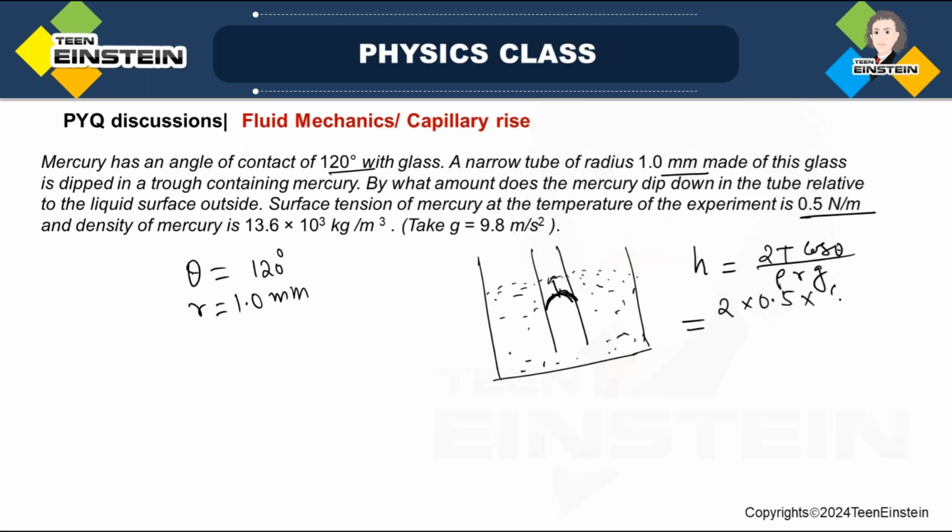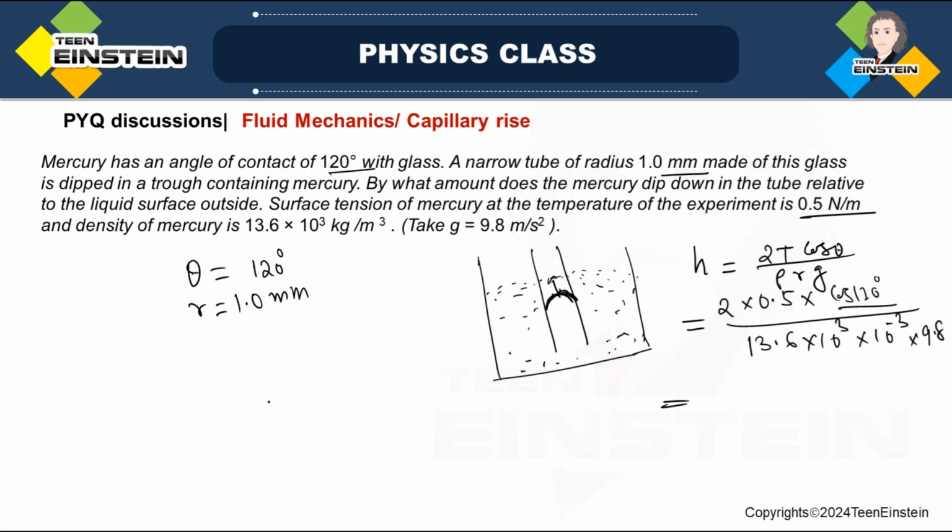This is cos of 120 degree, divided by rho r g. Rho is 13.6 into 10 to the power 3 kg per meter cube. R is given as 1 millimeter, that means 10 to the power minus 3. g we have to take 9.8.